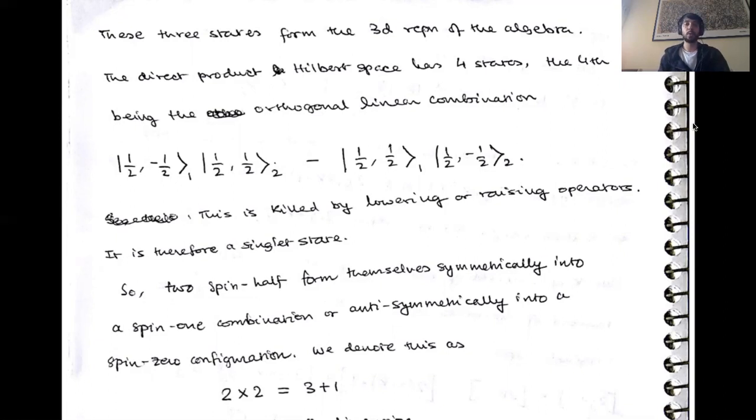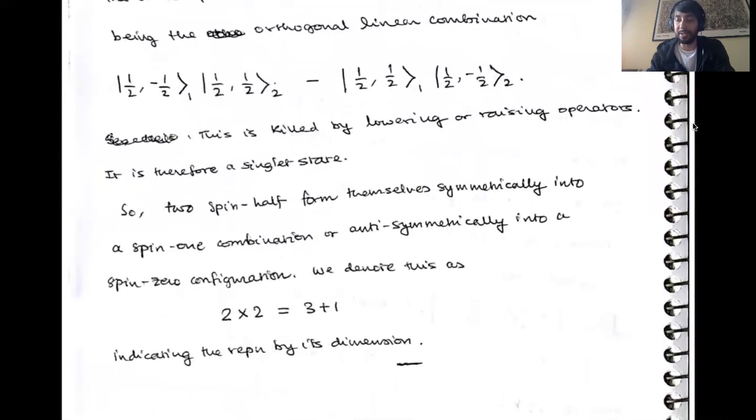Okay, so what is going to happen is that if you take 2 spin halves, they are going to go into a spin 1 combination which has these 3 states, symmetrically, so that is the symmetric guy. And if you were to look at the anti-symmetric combination, that is going to go into something which is spin 0.